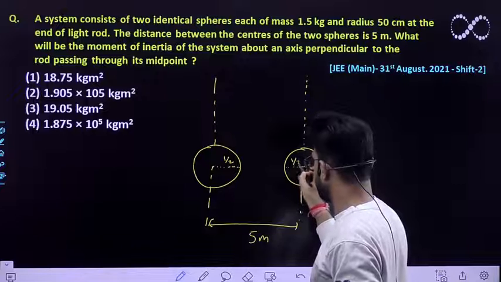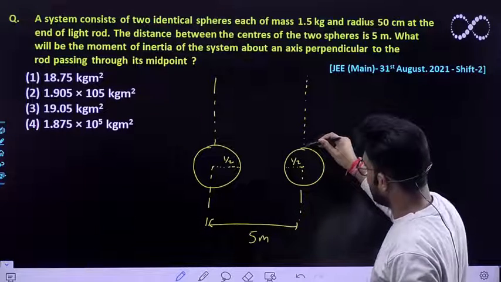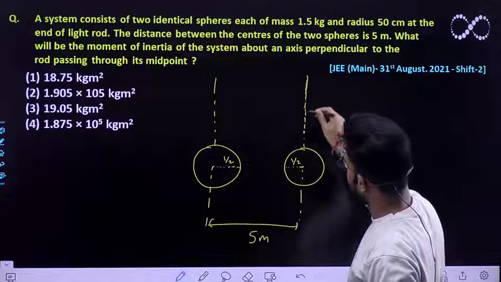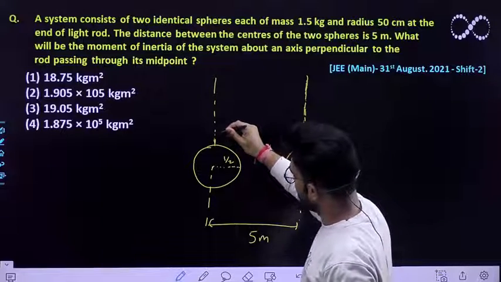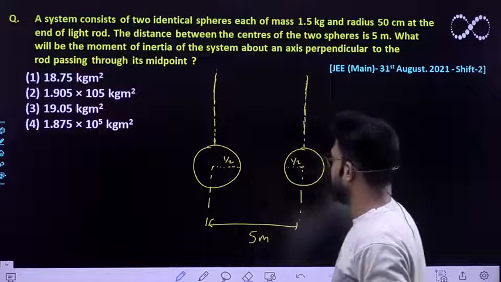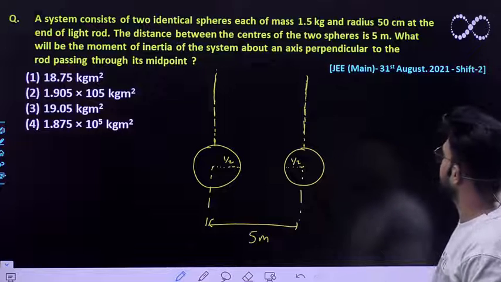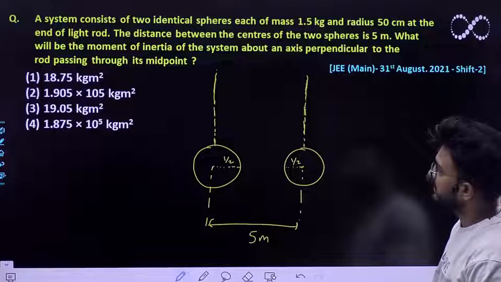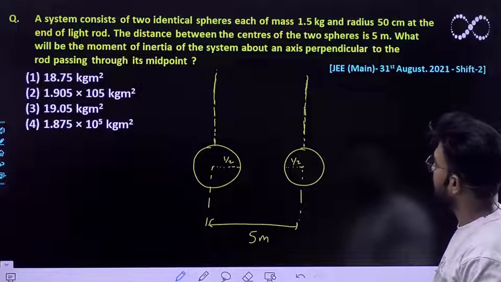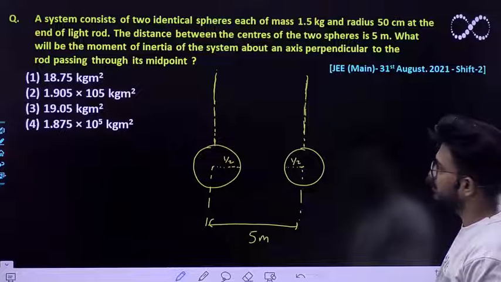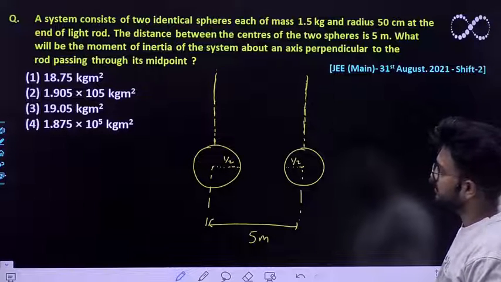This is half meter, don't you think? And this is a light rod through which these two spheres are suspended. So this much of setup has been given to you. What will be the moment of inertia of the system about an axis perpendicular to the rod passing through its midpoint?